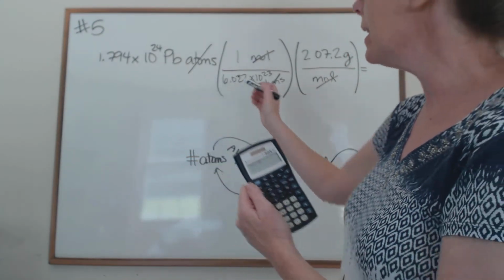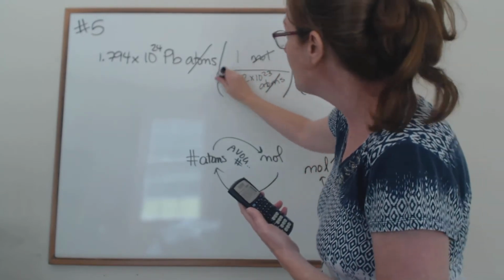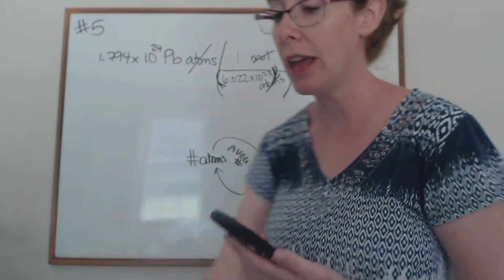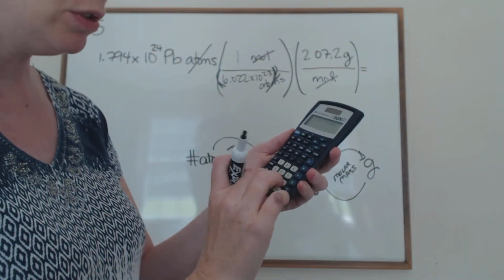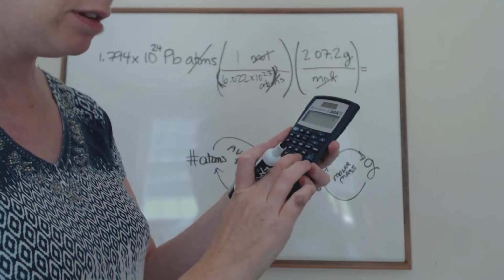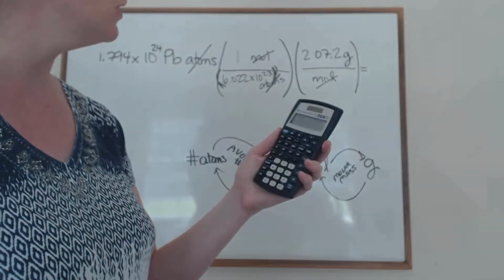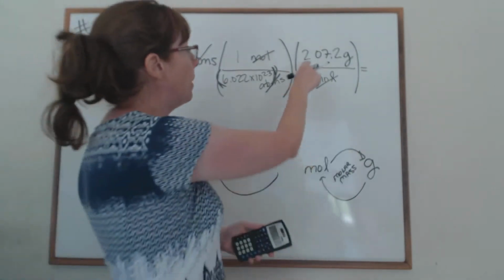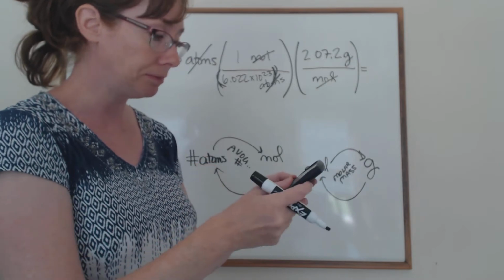Now you're dividing by Avogadro's number, and anytime you divide by it, you have to enclose it in parentheses in your calculator. The whole thing has to get enclosed. So 6.022 times 10 to the 23rd, I press enter, and then you times that by 207.2. And that will get you the right answer.